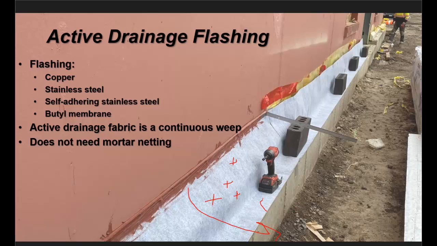So rather than having just your little weep holes every 18 to 24 inches where the water is supposed to drain, we have continuous drainage around the entire base of our building. Continuous weep. You don't need additional mortar netting, which is a big cost saving. And you have all different types of membranes to fit your budget, whatever type of membrane you want to go with.